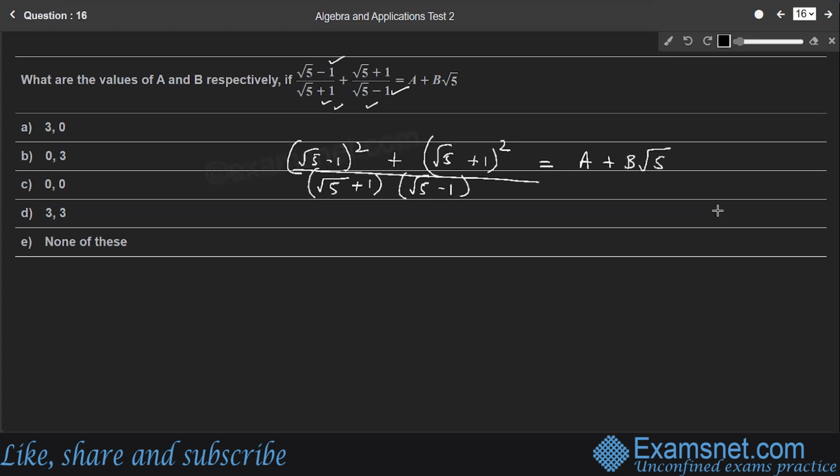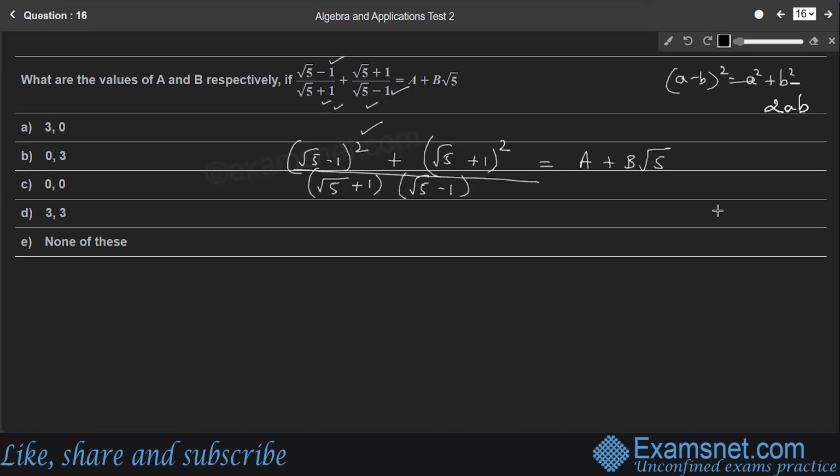So, simplify it. The first term is in the form of a minus b whole square, which is nothing but a square plus b square minus 2 times ab, right? Minus 2ab. Apply the same formula here.